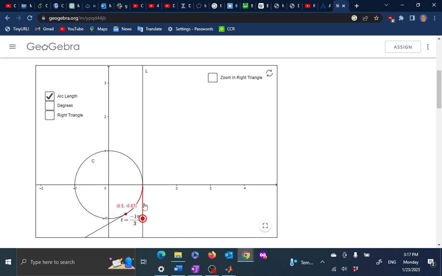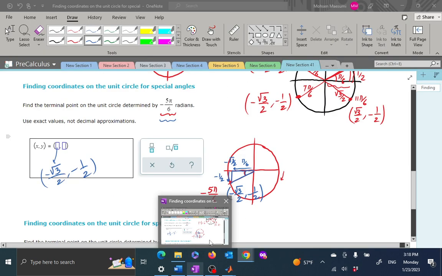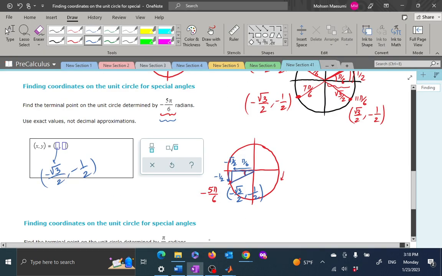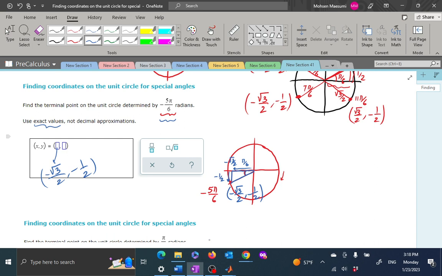If I take this much of a string and wrap it around my circle, I end up at this location. We are asking what are the coordinates of that location. That's the x of it, that's the y of it. Of course, in this demo you see decimal approximations, but in your software it's asking for exact values, insisting not to give decimal approximations. So you have to be careful about that.